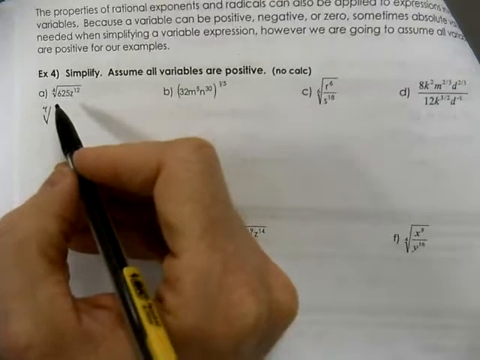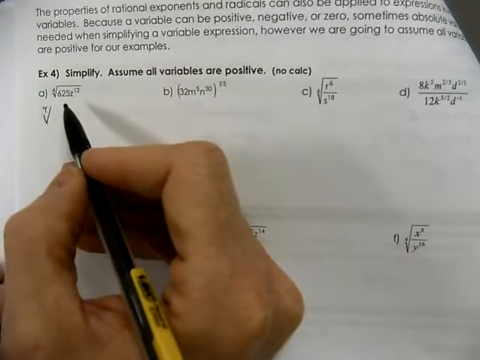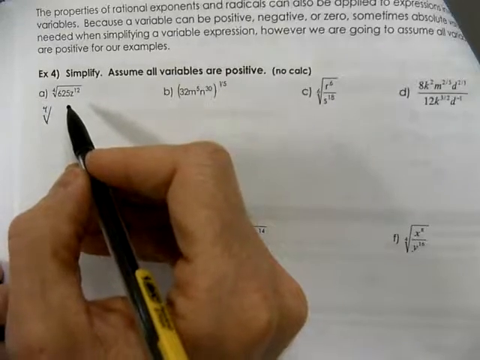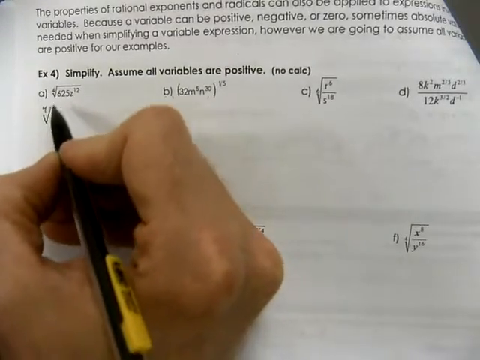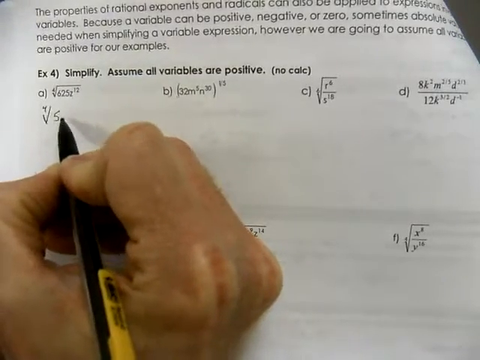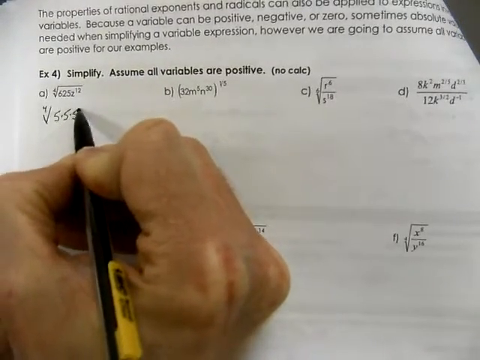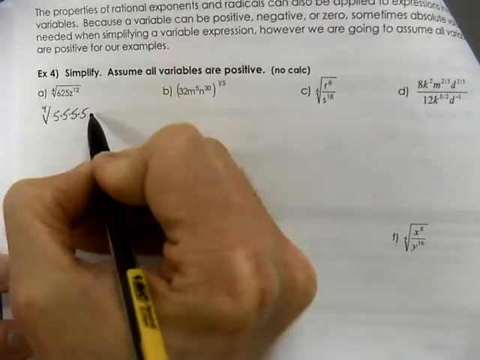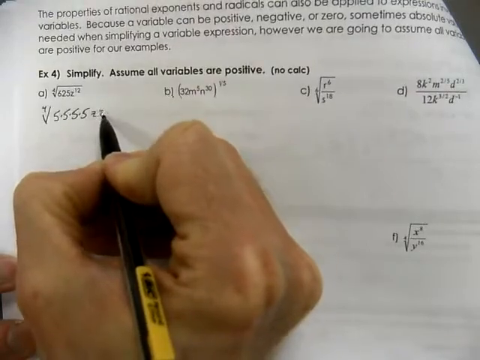So 5 times 5 is 25, times 5 is 125, times 5 is 625. And then the z's. You could write those all out if you want to be crazy.